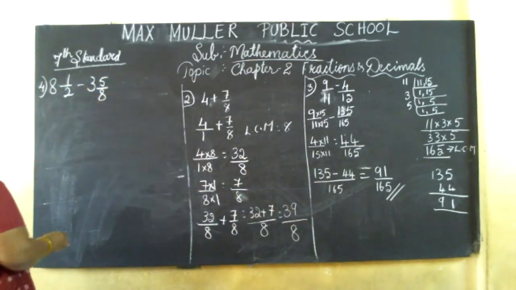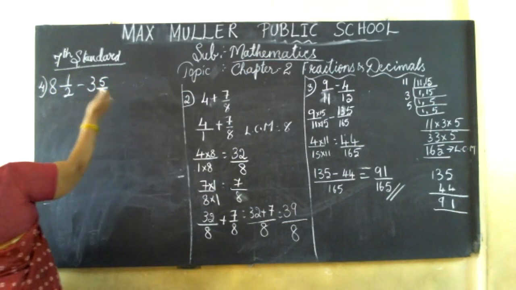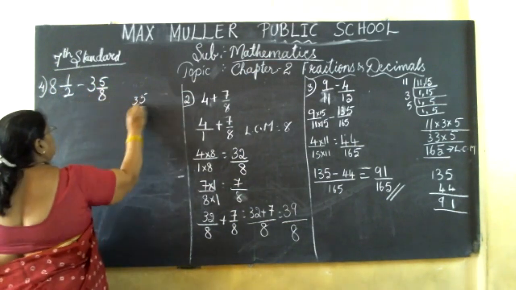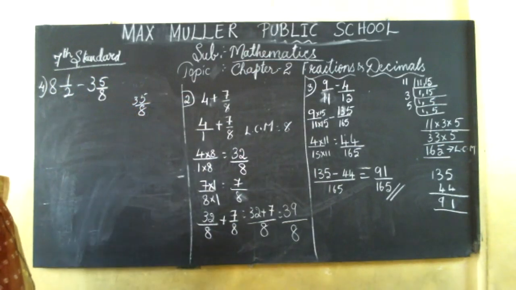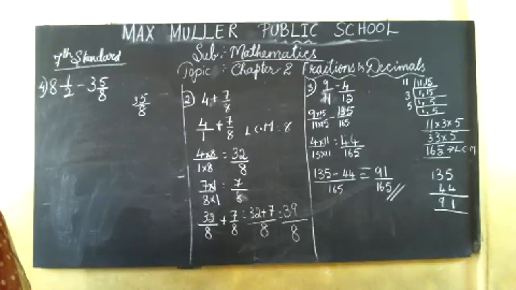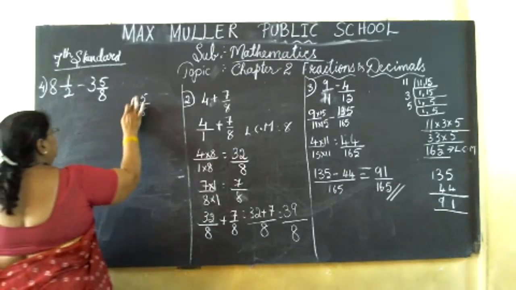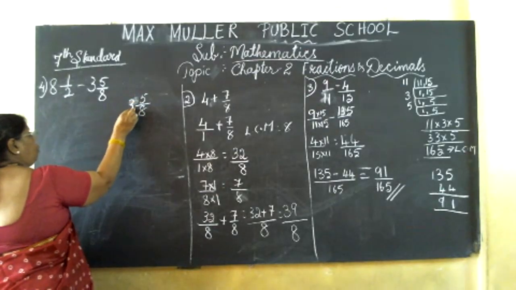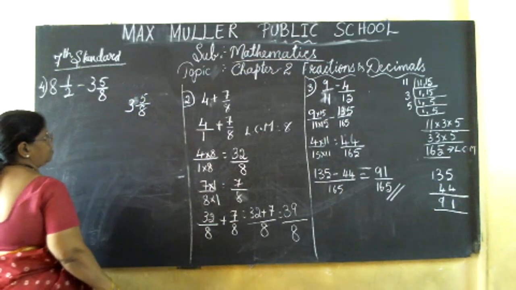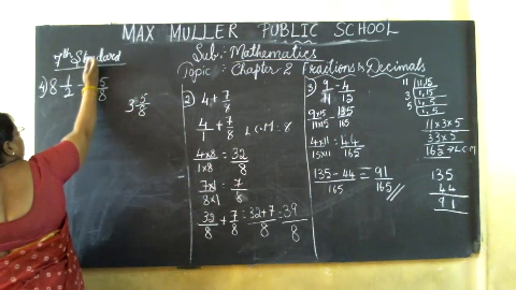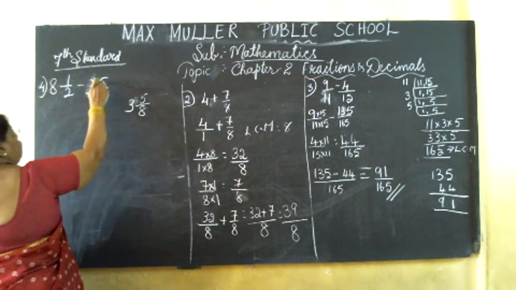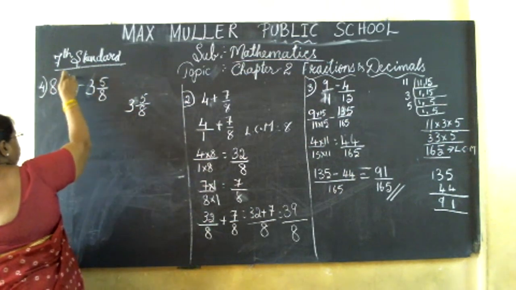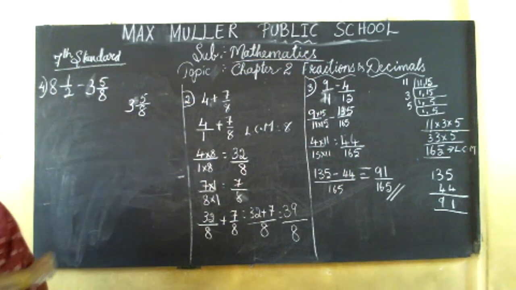See, when you are writing the mixed fraction, don't write like this. You have to write the 3 separately out of the fraction, like this. So many will write it along with the fraction only. See. 3, 5 by 8. 8, 1 by 2.